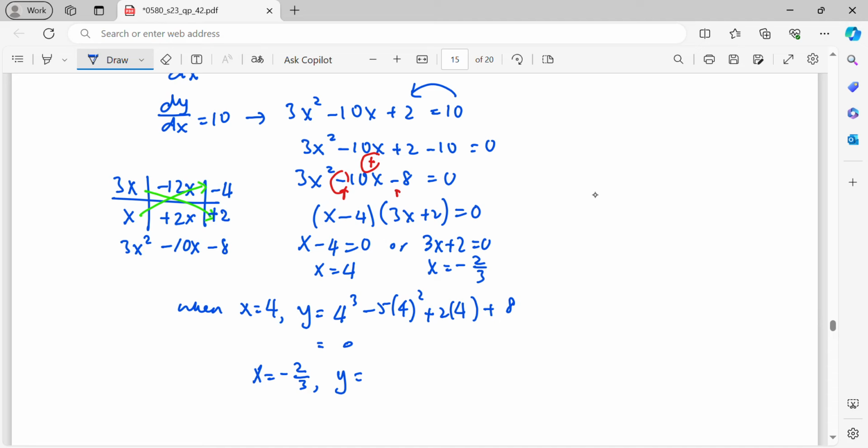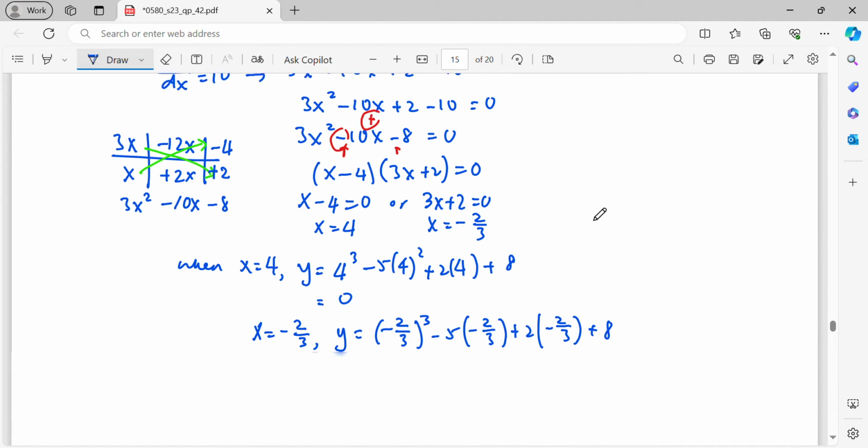So your y is negative 2 over 3 cubed minus 5 times negative 2 over 3 squared plus 2 times negative 2 over 3 plus 8. Then here you will be getting 112 over 27.